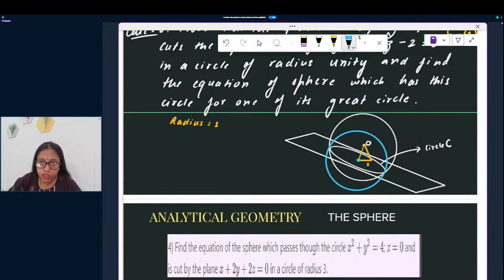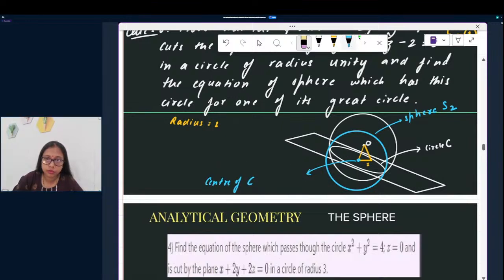That means, this is sphere S2, S1 is given. So the center of C is the same as the center of S2. So at least you get the center, because the radius of that circle was asked, the center was not asked.